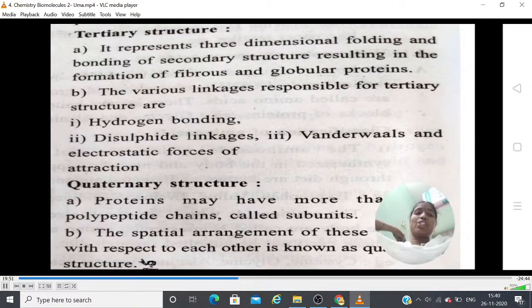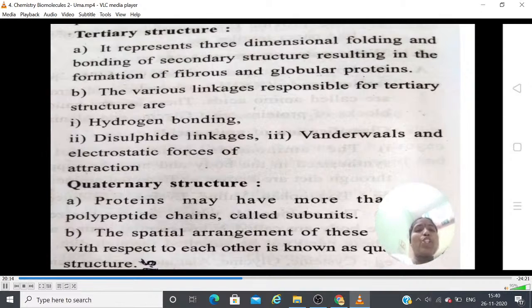And quaternary structure. The proteins may have more than one polypeptide chain, called subunits. Some of the proteins are composed of two or more polypeptide chains, called subunits.